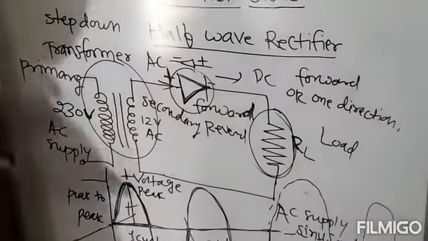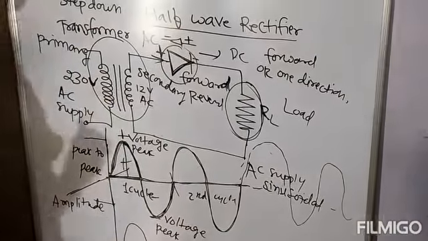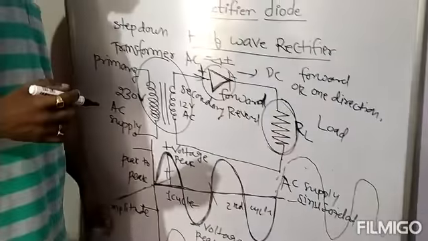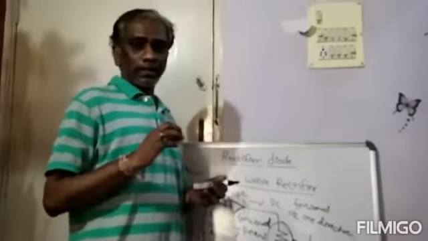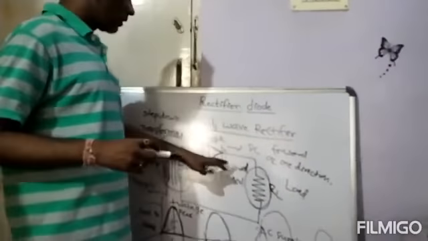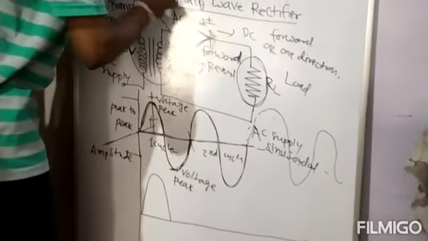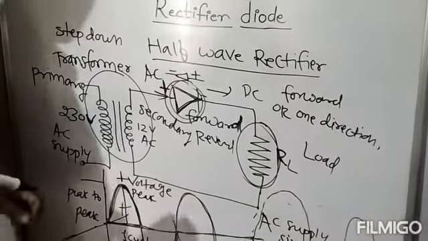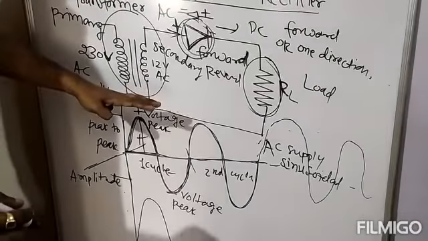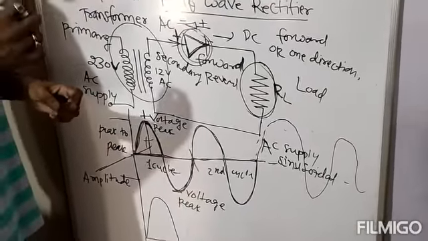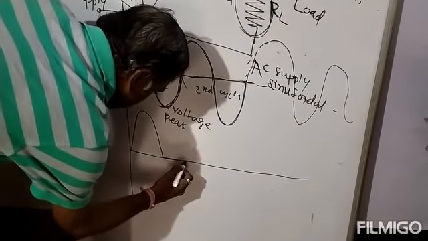In the reverse direction, I have already told, there is no flow of electrons, and hence there is no flow of current, and the circuit will act as an open circuit. It only acts as an on-off switch. So there is no flow of electrons, and for this half cycle there will be no conduction.